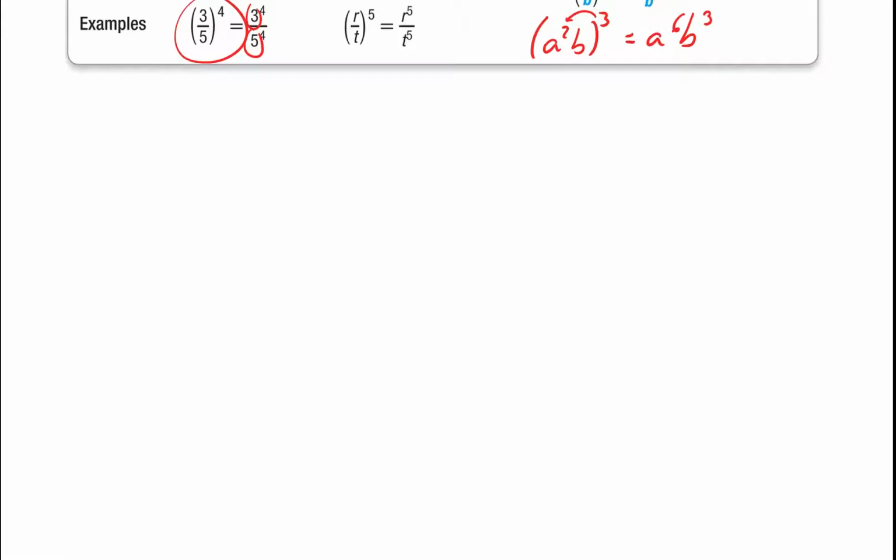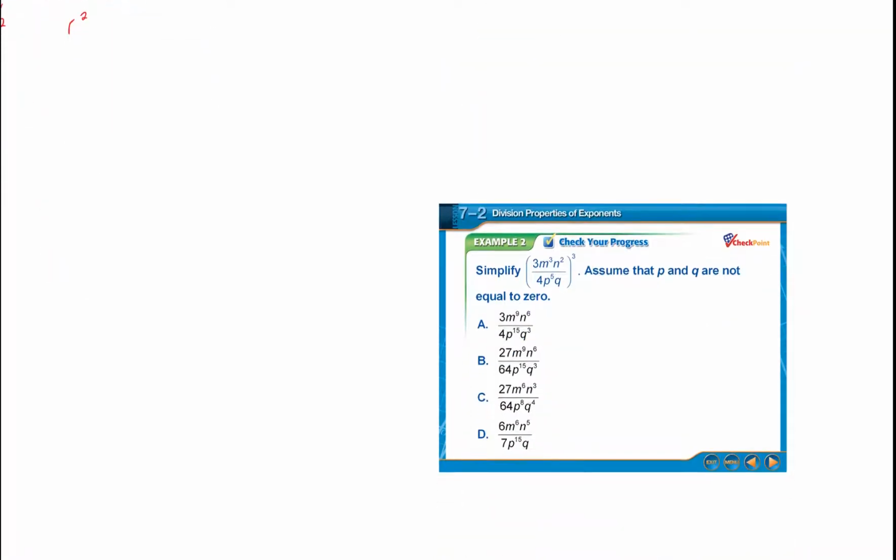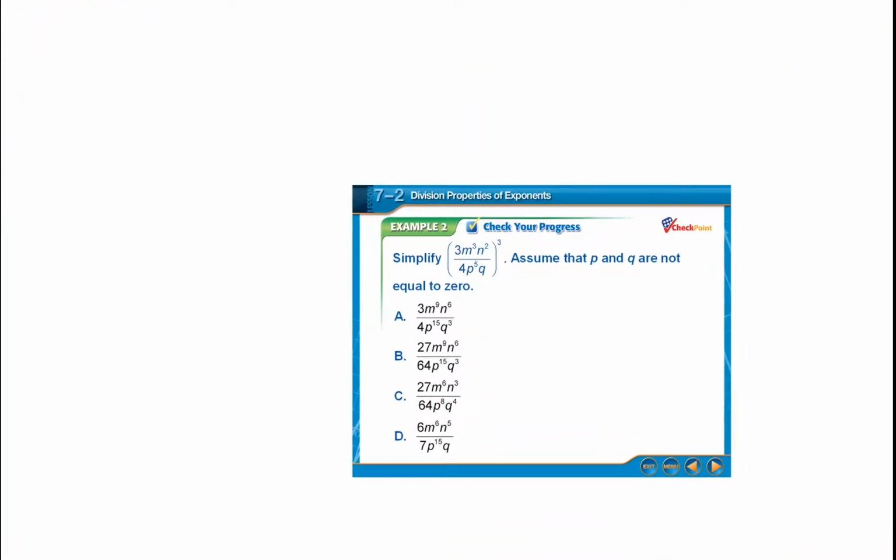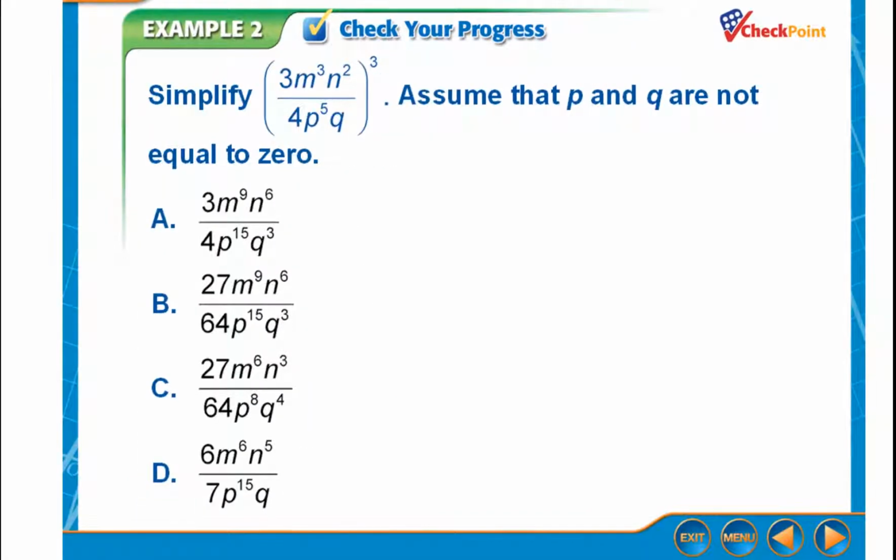Okay, so going down here, we're going to keep that in mind. This looks daunting at first. Simplify this big monomial, or not a monomial technically, so simplify this expression and assume that p and q are not equal to 0. Why are p and q not equal to 0? Why do they have to stipulate that?